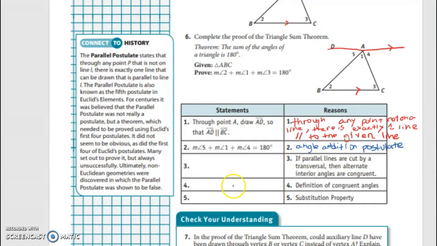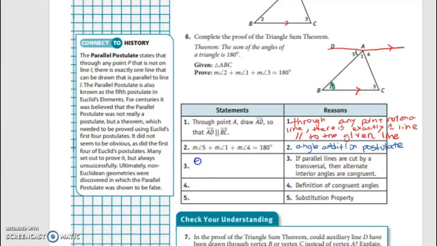Okay, so next we need to come up with our next statement. And our reason for it is if parallel lines are cut by a transversal, then alternate interior angles are congruent. So if we're looking at this image and we're looking for our alternate interior angles, we've got angle 5 and angle 2. If you see, they're alternate interior angles.